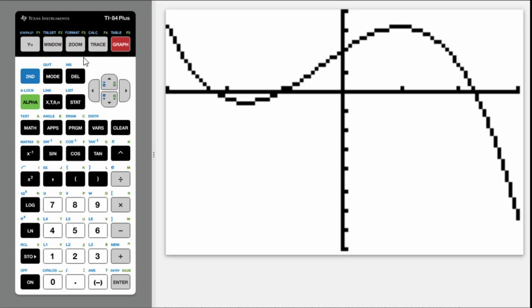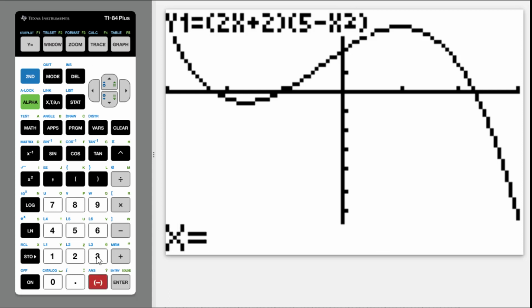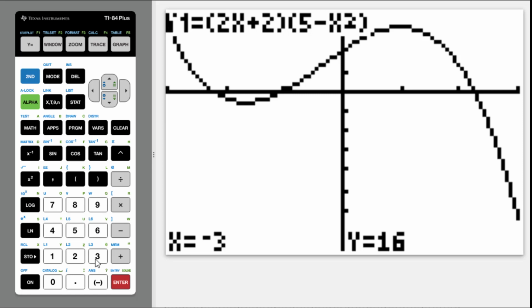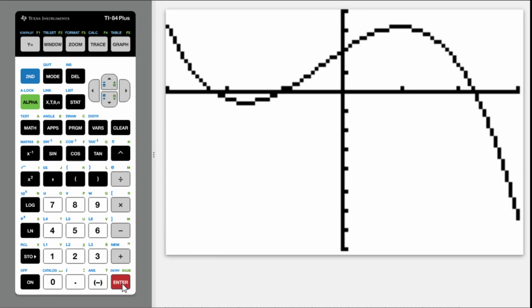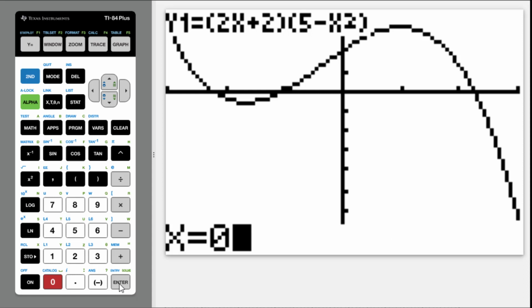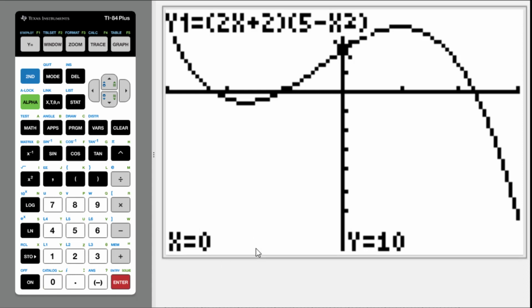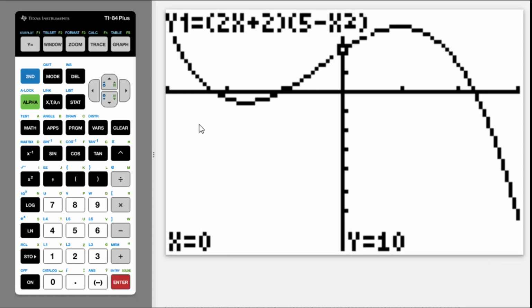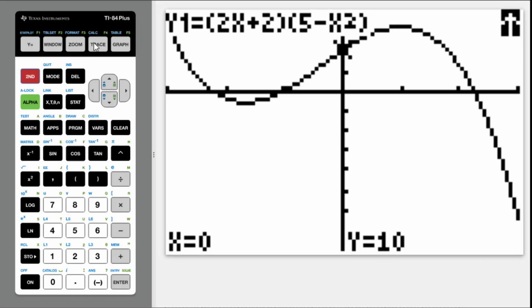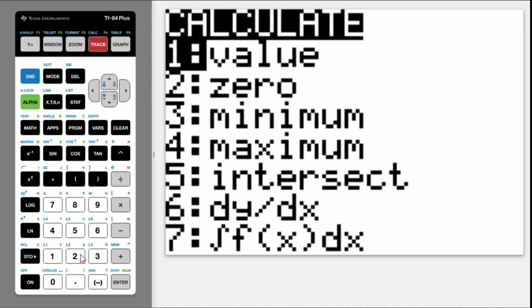Then graph. For the ending points, trace -3, enter. You will get (-3, 16). Then put the 3, enter. (3, -32). Put a 0 for the y-intercept. That is (0, 10). Then let's work on the minimum point. Second trace, 3.